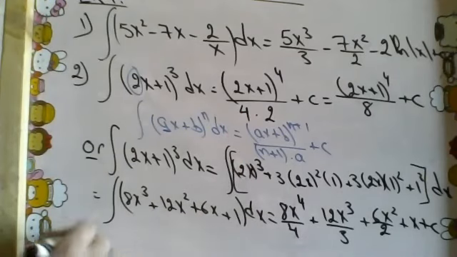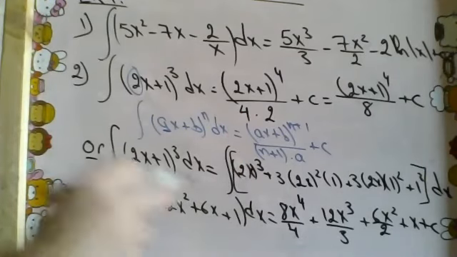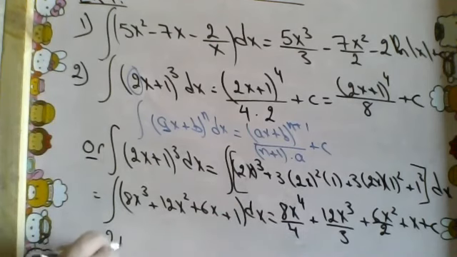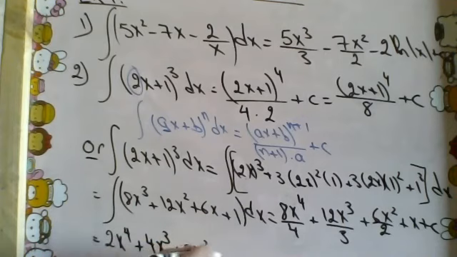Of course, here you can simplify, which is equal to 2x to the power 4 plus 4x cubed plus 3x squared plus x plus a constant c. Okay?